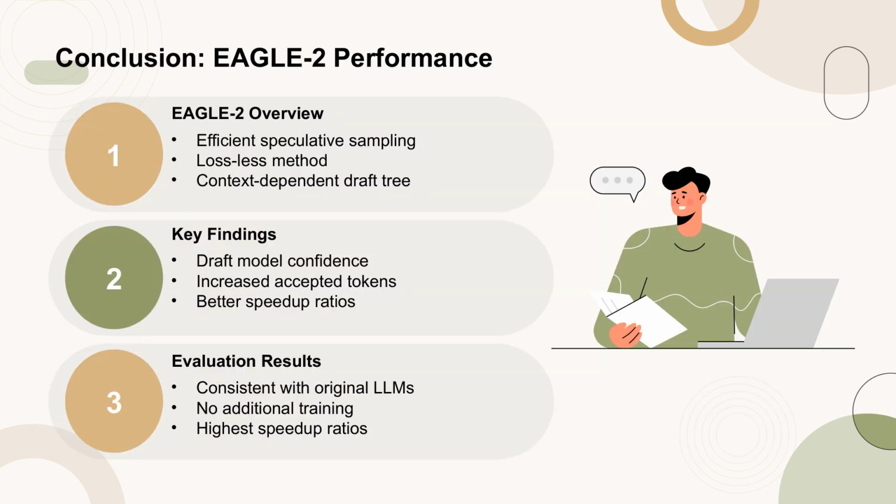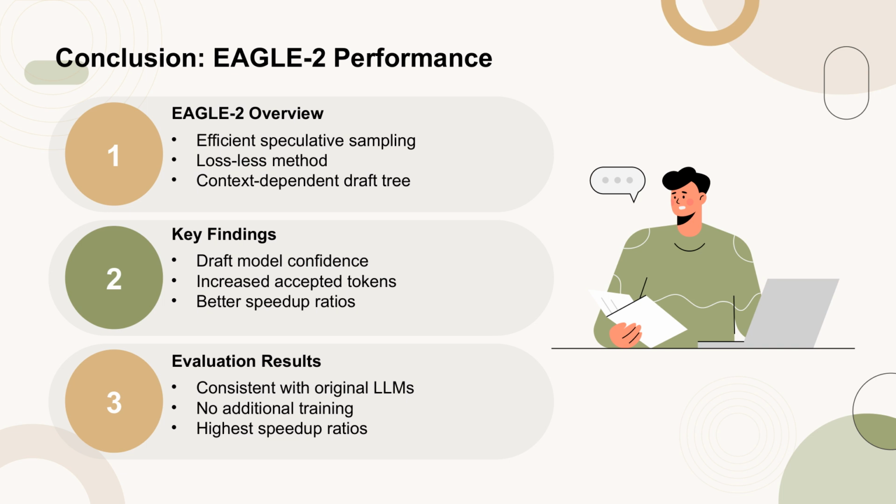In this paper, the authors introduce EAGLE-2, an efficient and lossless speculative sampling method. They found that EAGLE's draft model confidence is a good approximation of the acceptance rate for draft tokens. Based on this, EAGLE-2 employs a context-dependent draft tree structure, which significantly increases the number of accepted draft tokens and results in better speedup ratios.